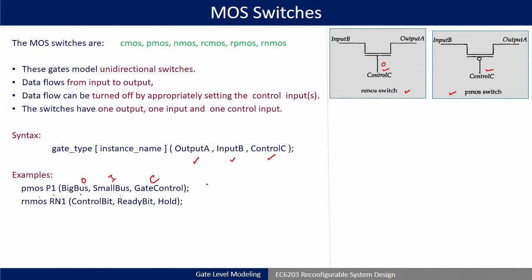So, in this case I can say, let us say I am writing GC for gate control, if GC is equal to 1, then my output bigbus is equal to smallbus, okay. Else if GC is equal to 0, then my bigbus will become Z, okay. So, it is a unidirectional switch which may have a high impedance if you are not giving appropriate control inputs at its control signal, understood.